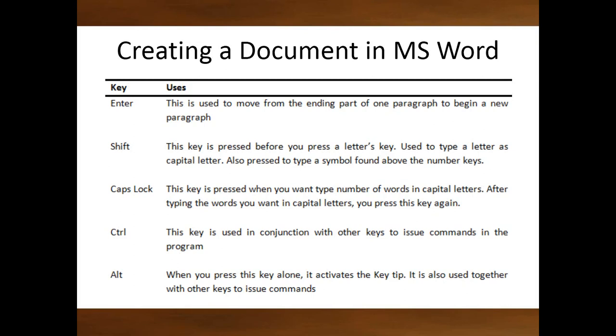So let's first of all look at the enter key and what we use it for. When we press the enter key on our keyboard, we move from the end of one paragraph to the beginning of a new paragraph. It means you are creating a new paragraph the moment we press the enter key.